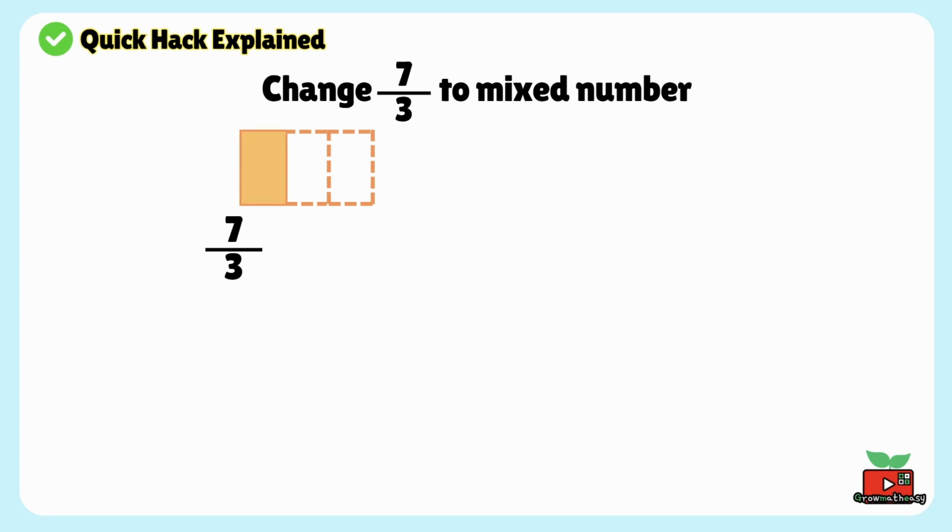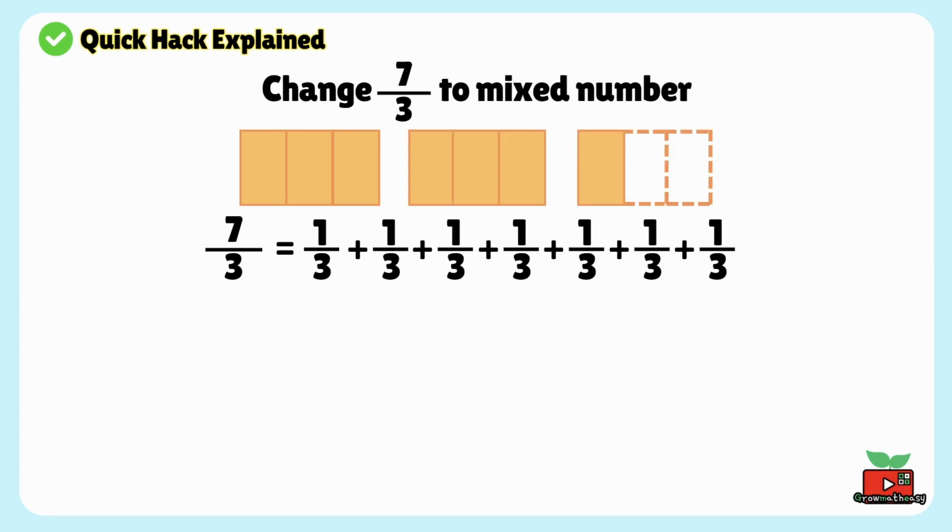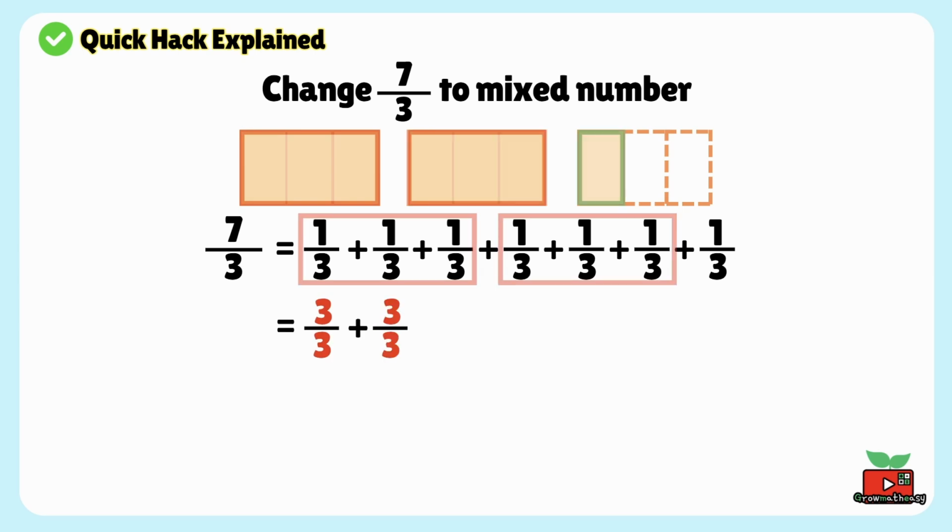So we can write it as 1/3 plus 1/3 plus 1/3 plus 1/3 plus 1/3 plus 1/3 plus 1/3. This can be grouped as 3/3 plus 3/3 plus 1/3. And we know 3/3 makes one whole, so that becomes 1 plus 1 plus 1/3. Therefore, 7/3 equals 2 1/3.